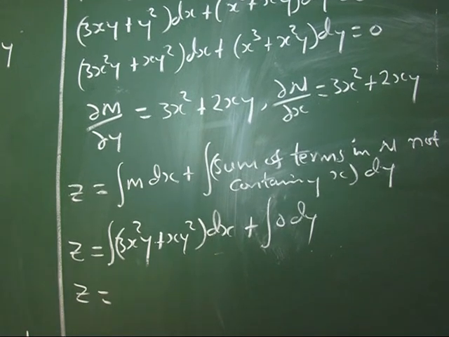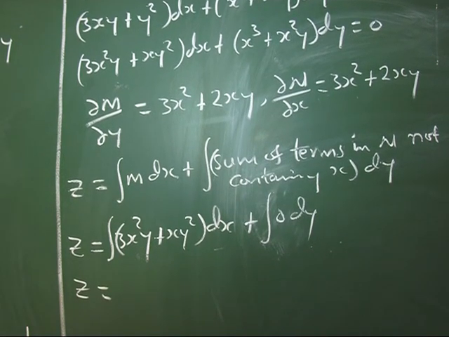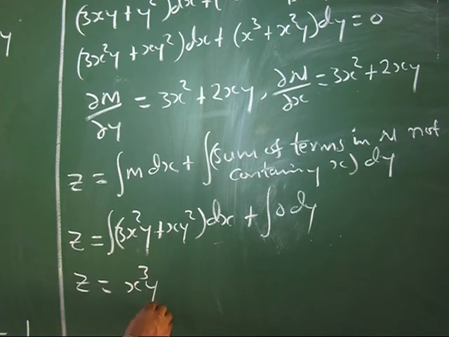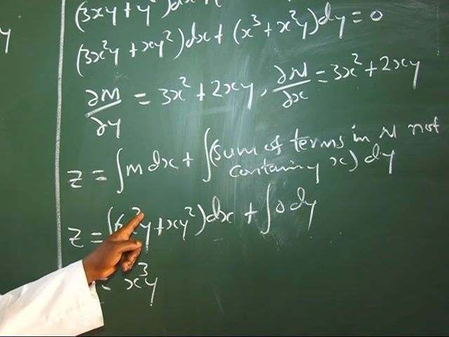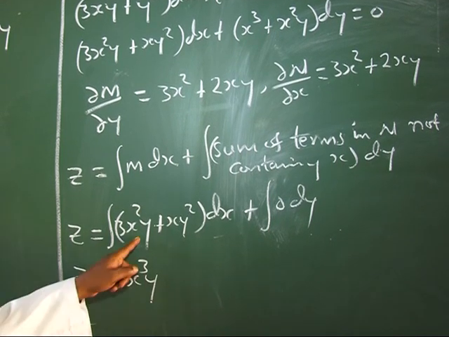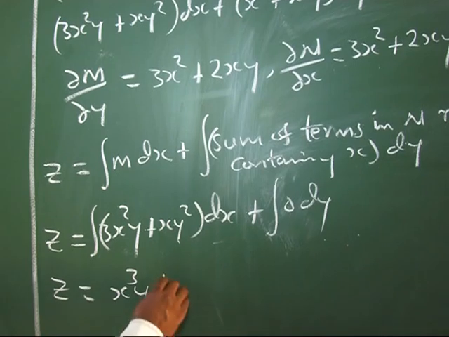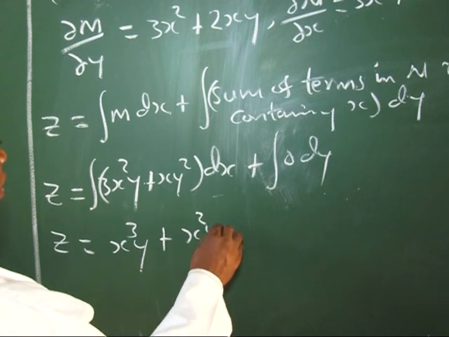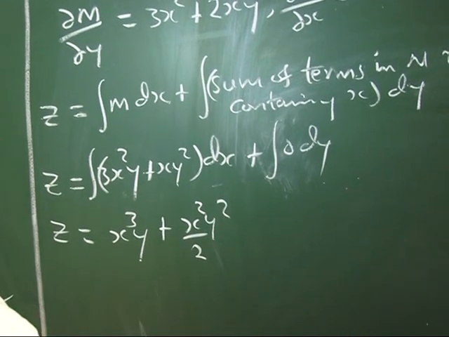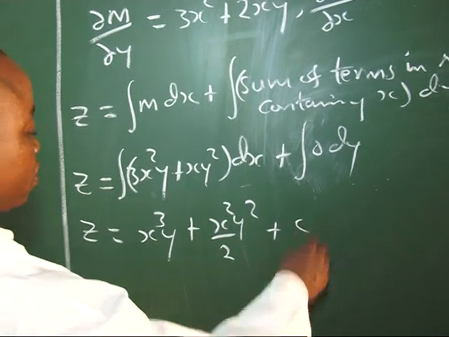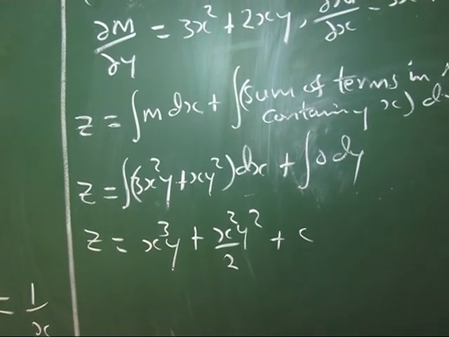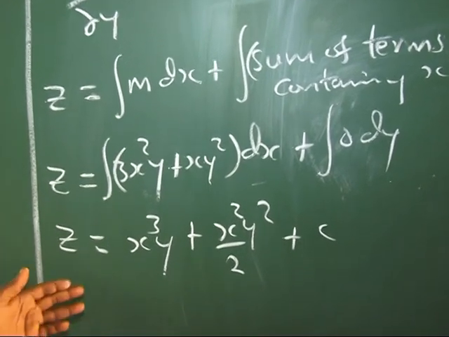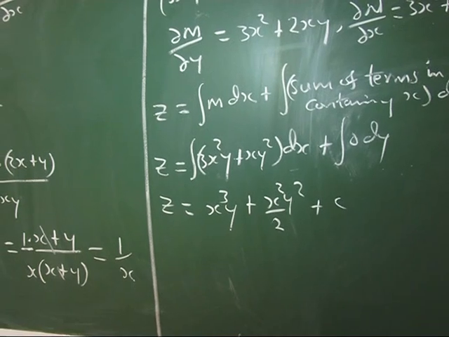If we integrate here with respect to x, we will have x cubed y, because the 3 will cancel, plus x squared y squared all over 2, plus c. So this becomes the function for z.